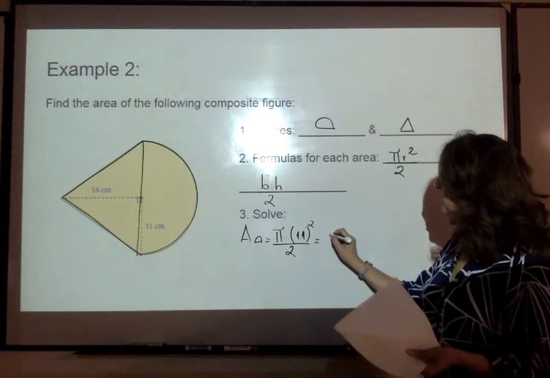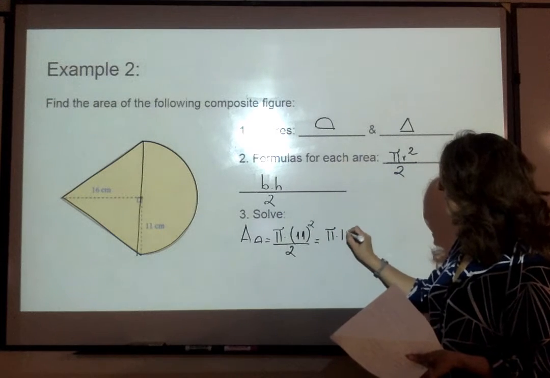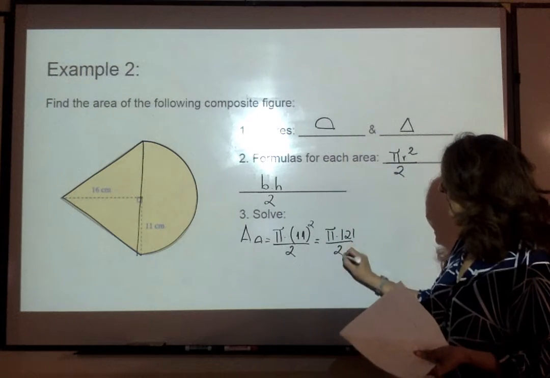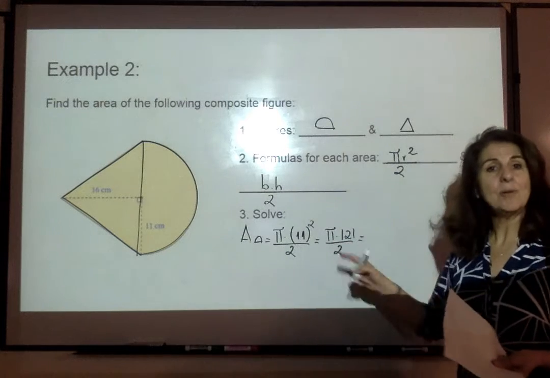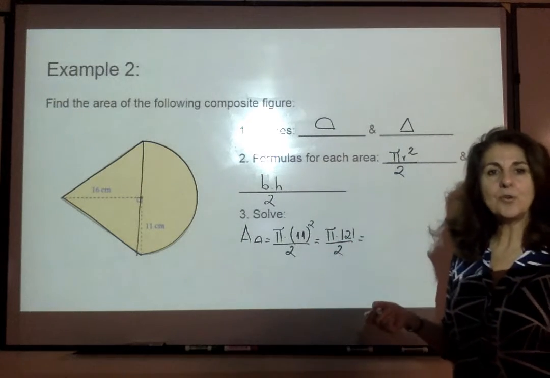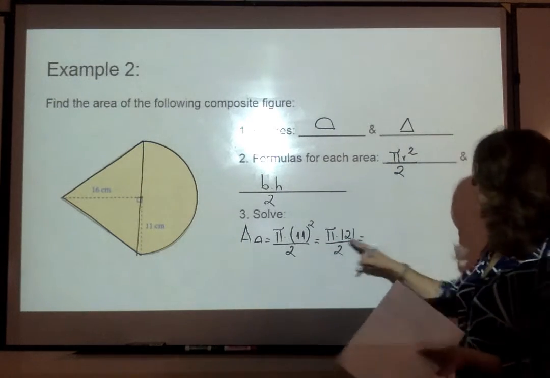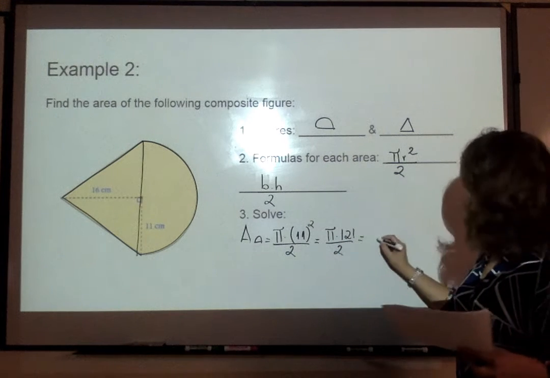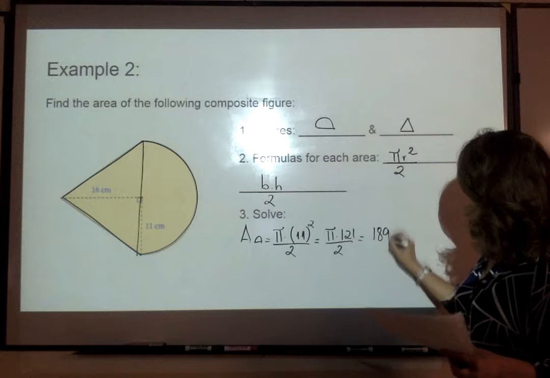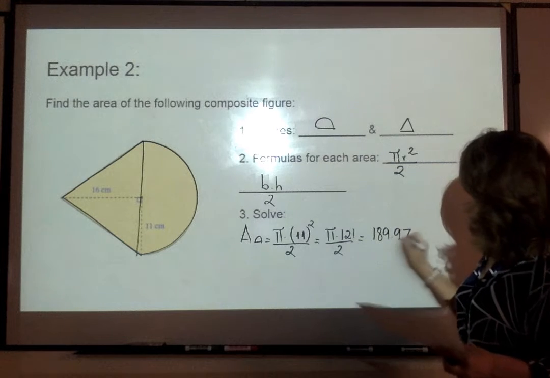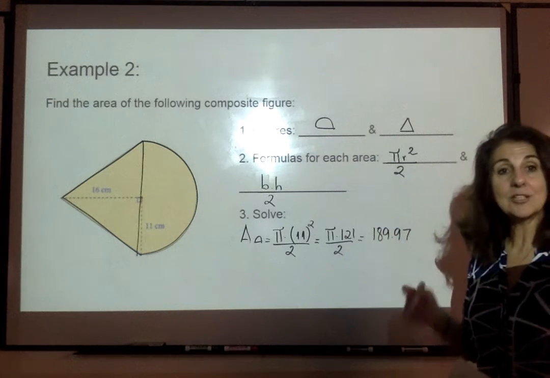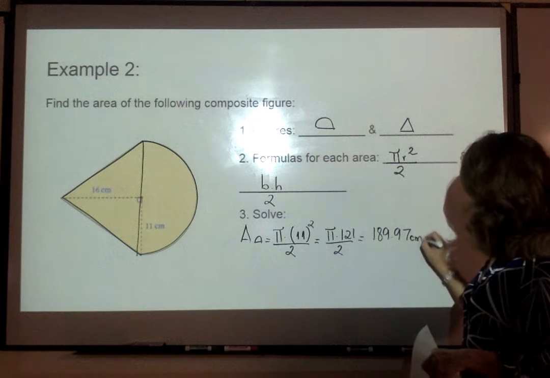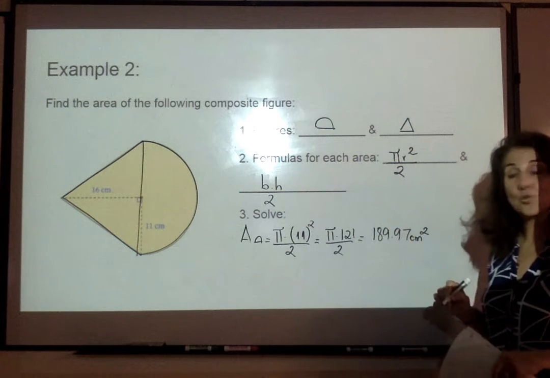So this is going to be pi times 121 divided by 2. Pi, we're always going to use 3.14. We have talked about that before. So 3.14 times 121 divided by 2 is 189.97 centimeters. Again, they give you the unit, so centimeters squared.